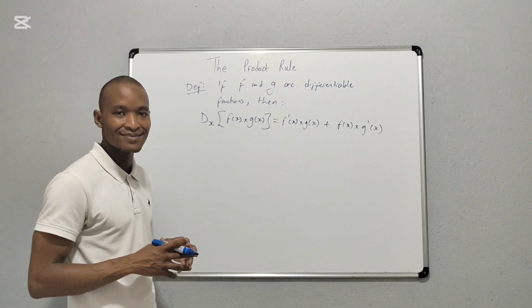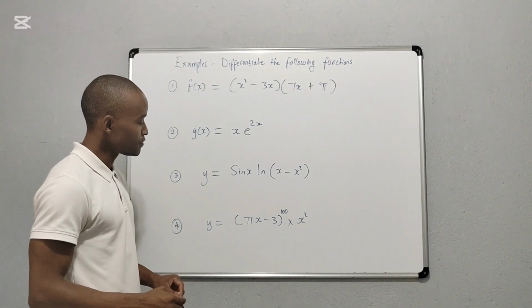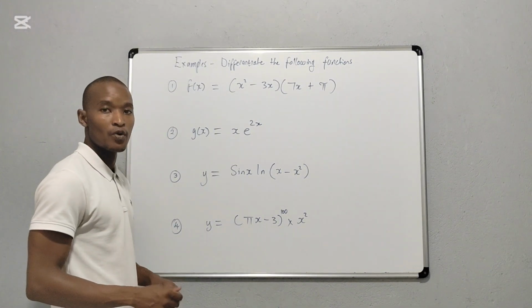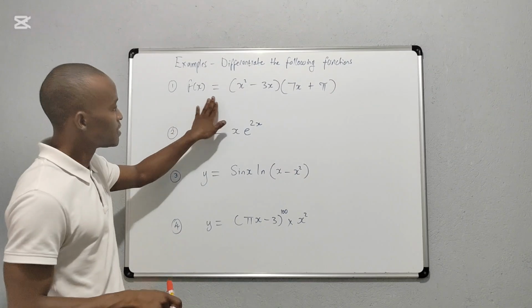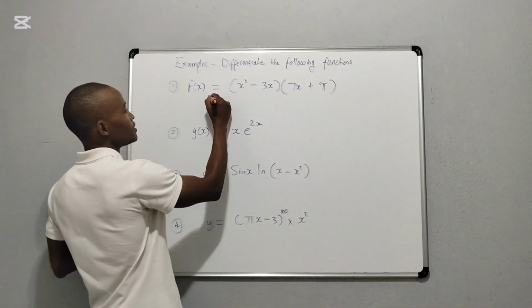Let's go for it. Okay, so here are four different functions that we need to differentiate using the product rule. So let's go for it. The first one, f of x, and see it's a product of two functions. Okay, what do we need?